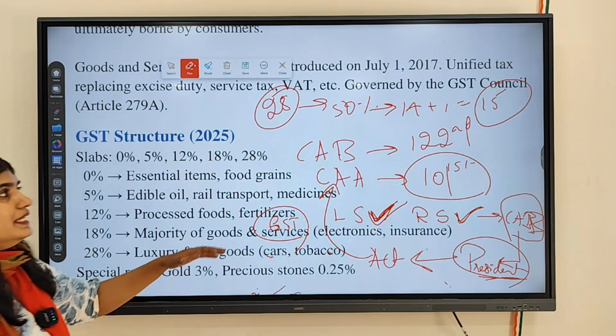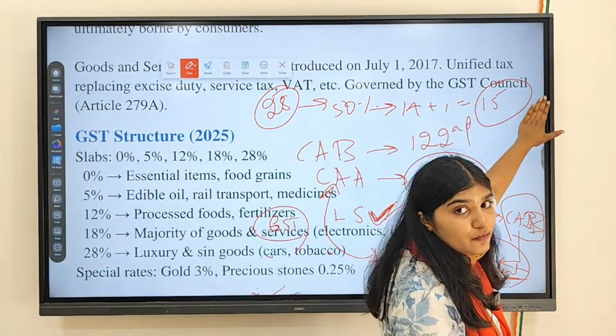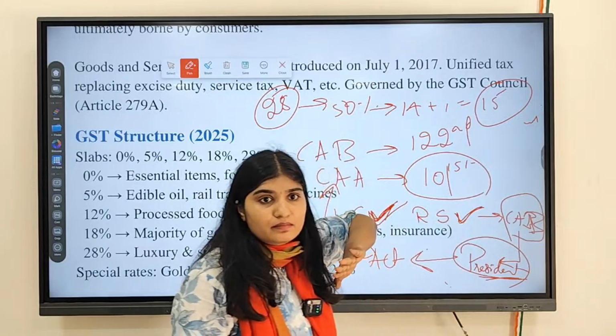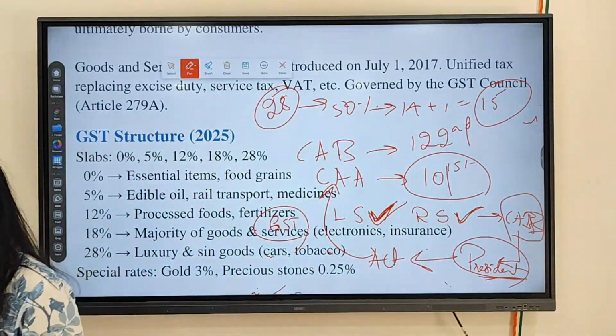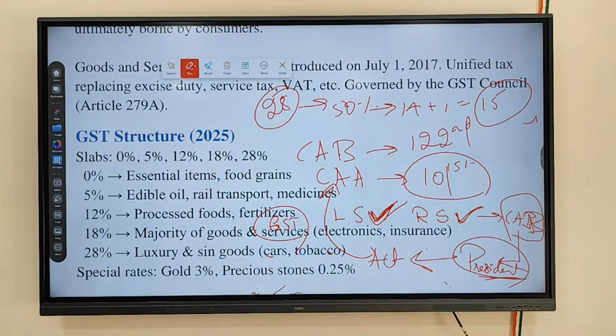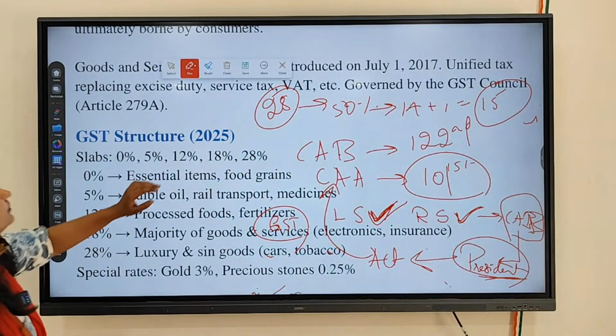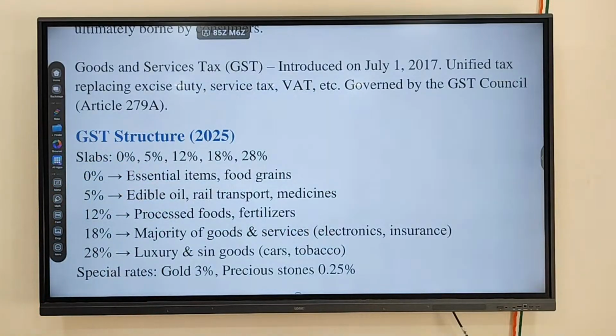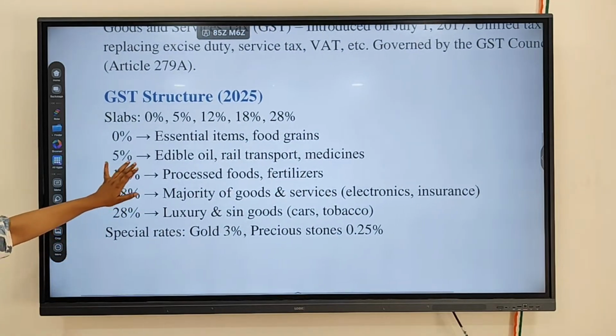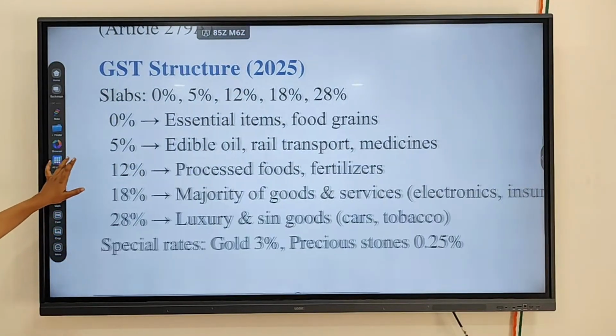Once these 15 states agreed, then it became an act and it came into force on July 1, 2017. Is there any doubt? This comes under which article? Article 279A of the Constitution.